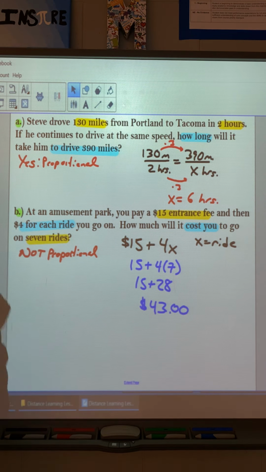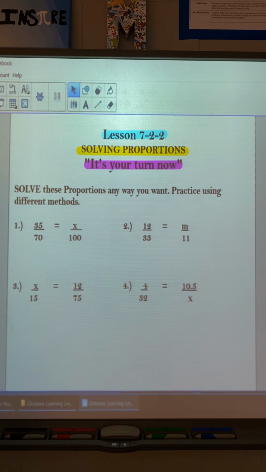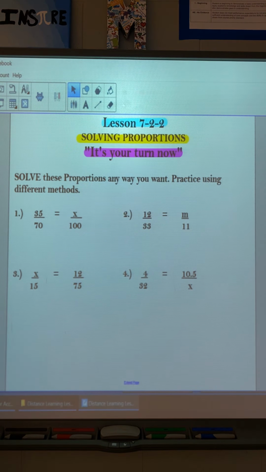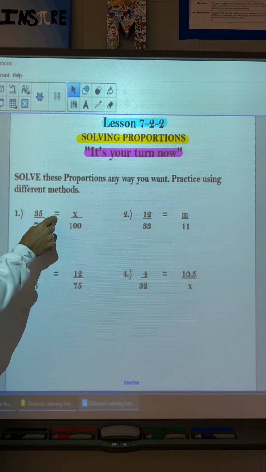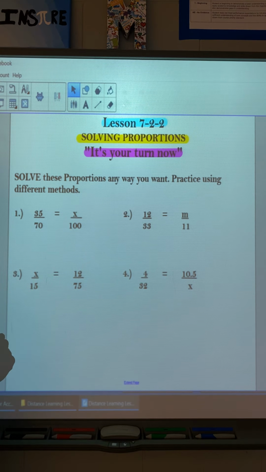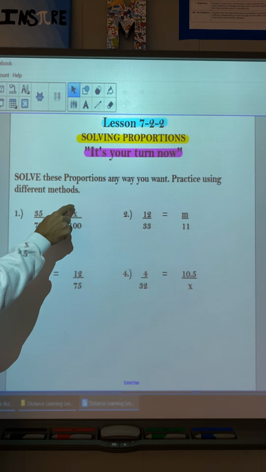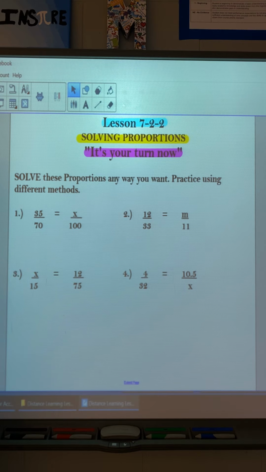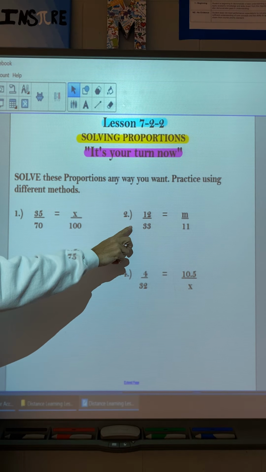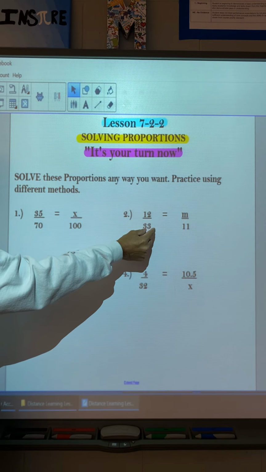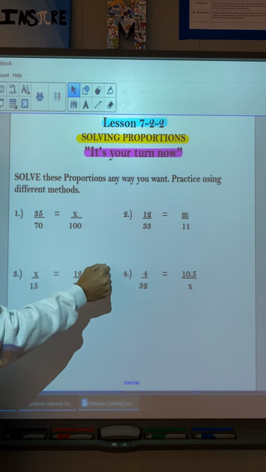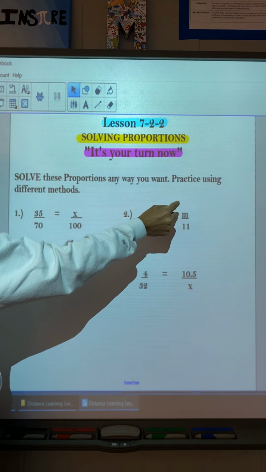Okay, you think you're ready to do it on your own? Let's do it. All right, so here's your problems. Solve these proportions any way you want. Practice using different methods. The first one, you have 35 over 70 equals x over 100. The second one, you have 12 over 33 equals m over 11.